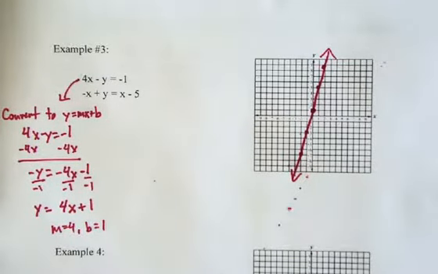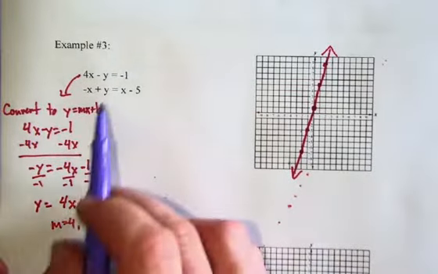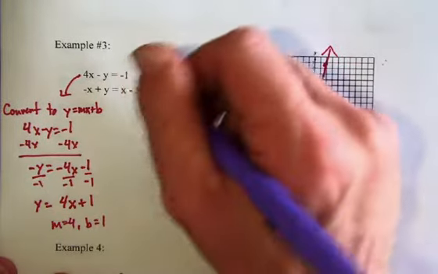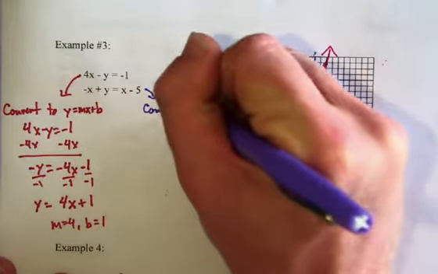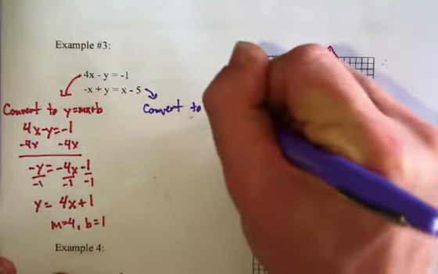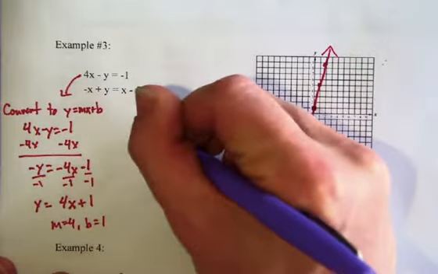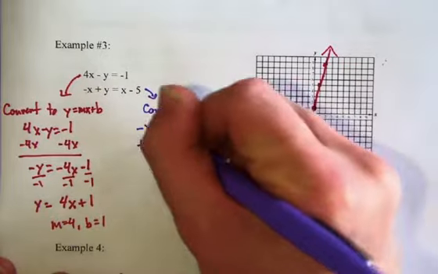Okay. Our second equation is -x plus y equals x minus 5. Okay? So once again, we got to convert to y equals mx plus b. We're going to add x to this side to solve for y.